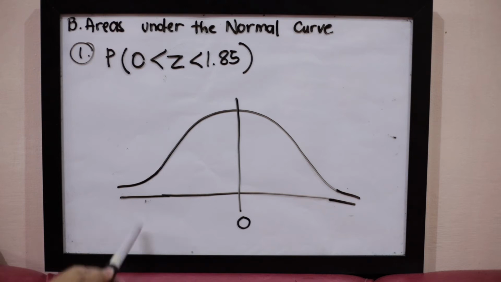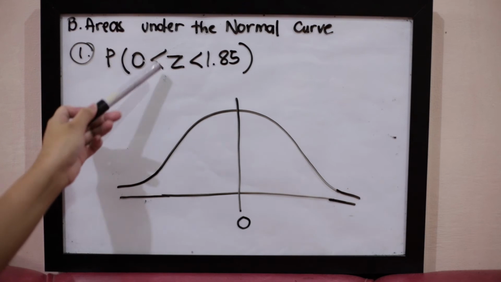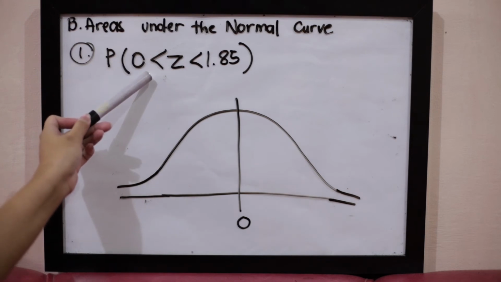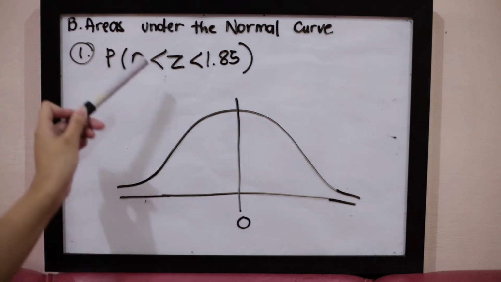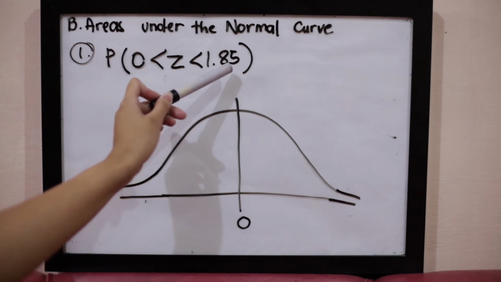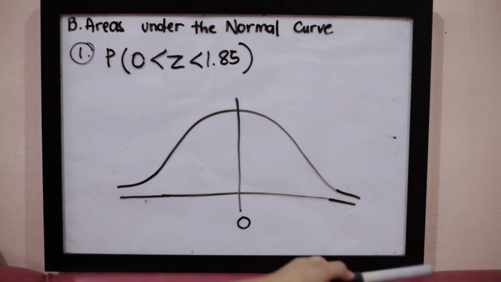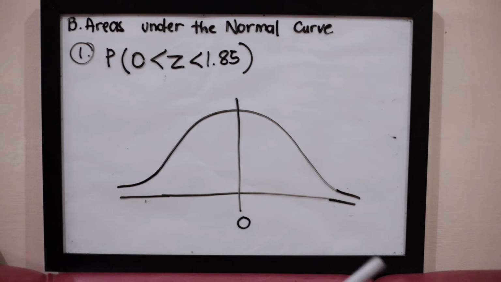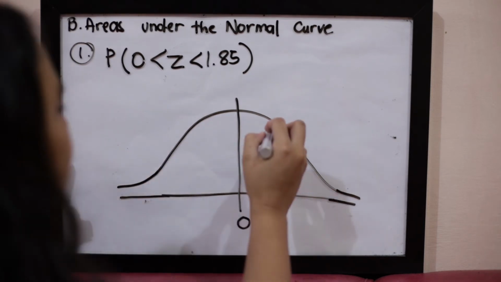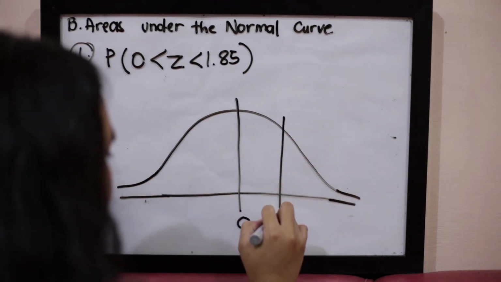Next. Balik tayo dun sa given. Ano yung numerical values na given? 0, ito na. And the other value is 1.85. So, if we will locate 1.85 in this x-axis, it will be somewhere on the right side of 0 since that is a positive number. So, approximately lang, let's say this is 1.85.